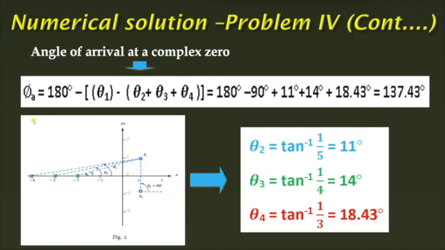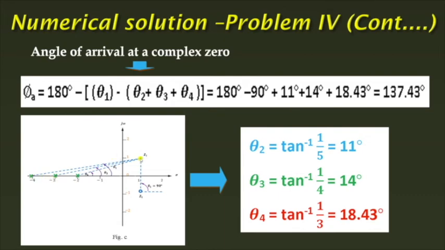Then find the formula: the angle of arrival is equal to 180 degrees minus the sum of angles of vectors drawn to the test point from the other zero, minus the sum of angles of vectors drawn to the test point from the other poles.